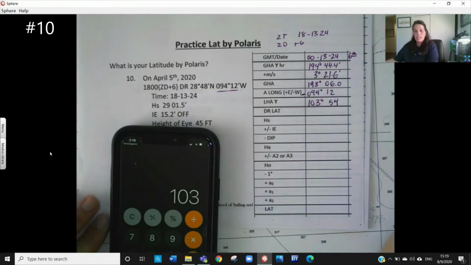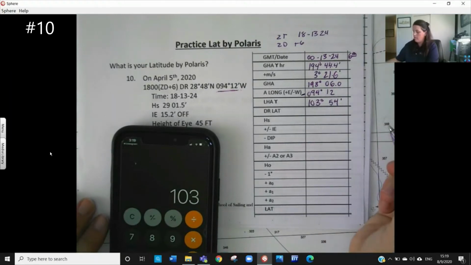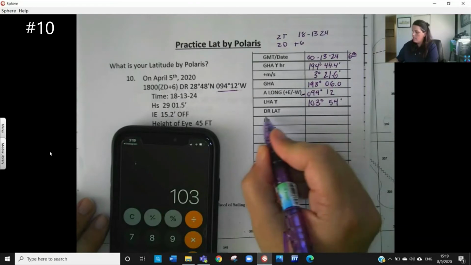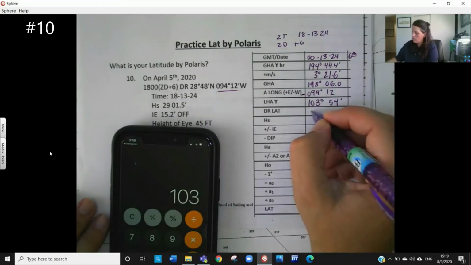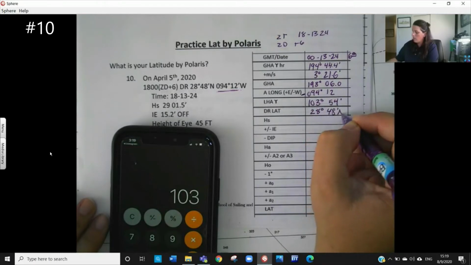And I get an LHA of 103.54 minutes. My DR latitude was 28 degrees 48 north.